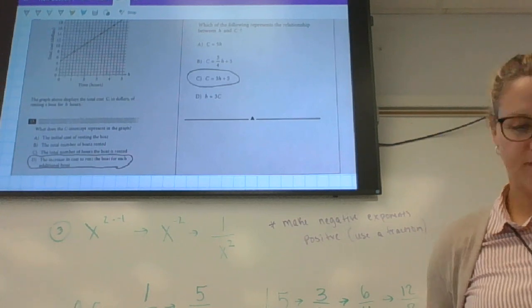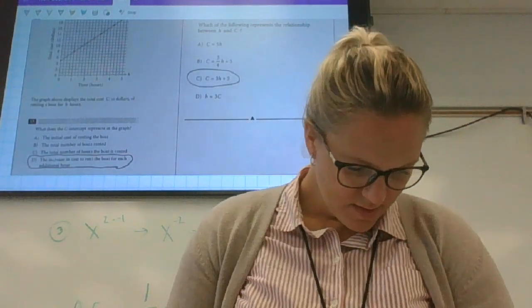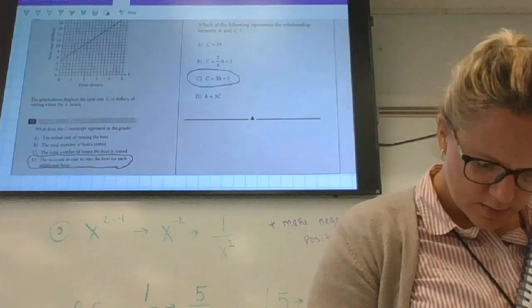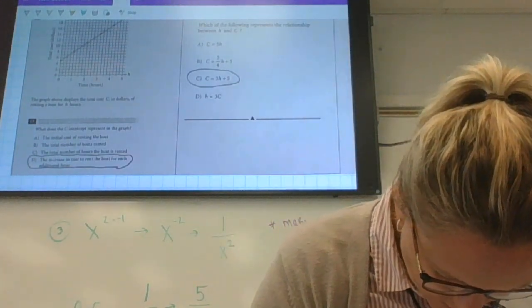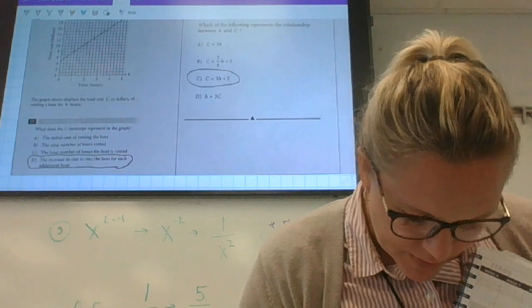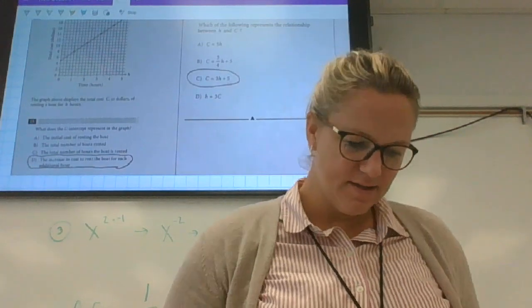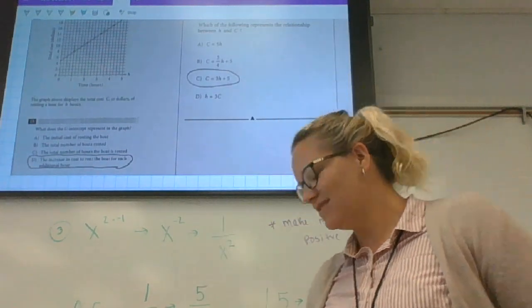Yeah, I got a D too. I think 15's wrong. It's D. I got D too. The correct answer is A. Oh my god.